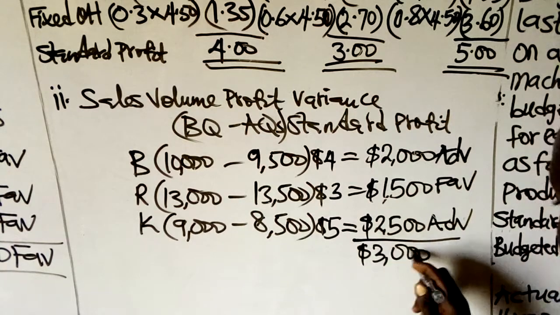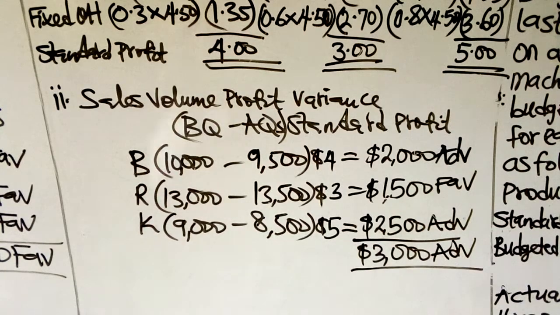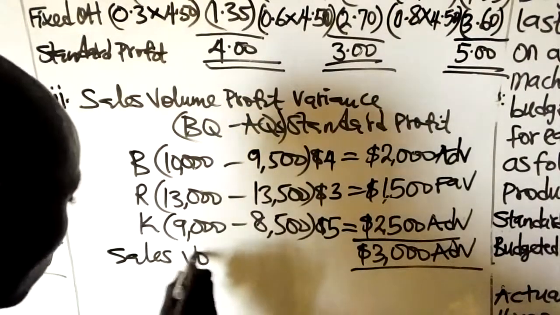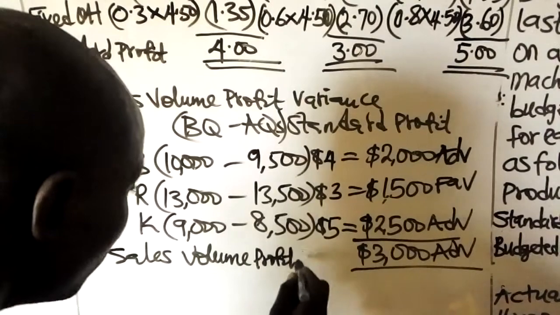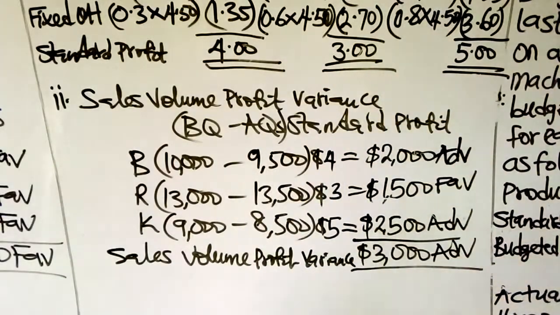That is the sales volume profit variance. Sales volume profit variance is 3,000 adverse. So, having computed our sales volume profit variance, then we go to requirement 3.